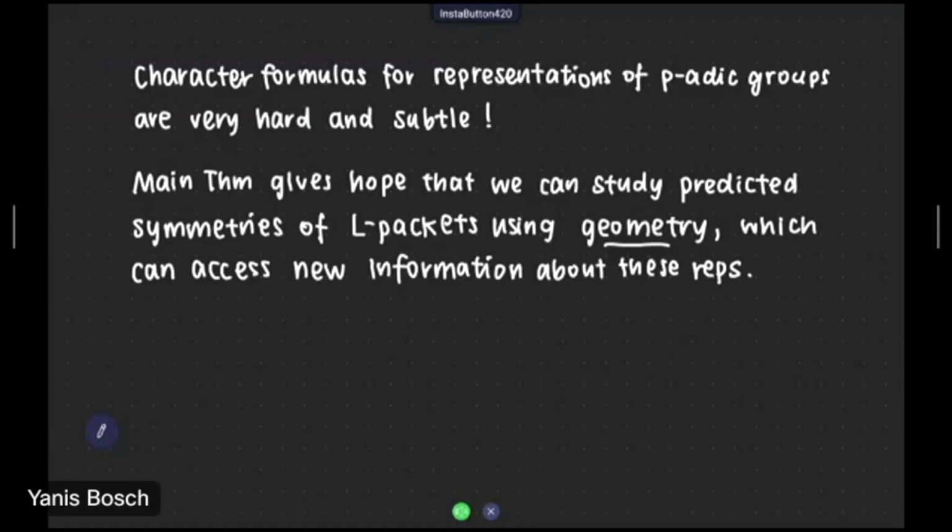When you study arithmetic properties of L-packets, the behavior of the representations in some kind of orbit, one way to do it is to try to understand these very hard formulas, take averages of them in some particular way, and then study the averaged out formula.